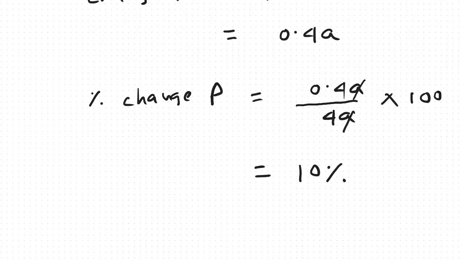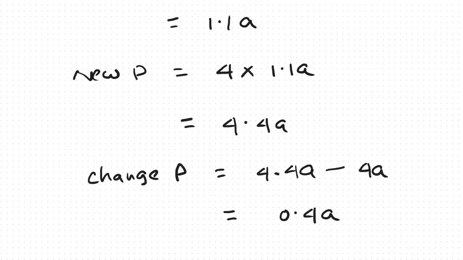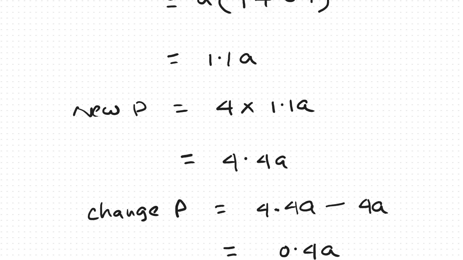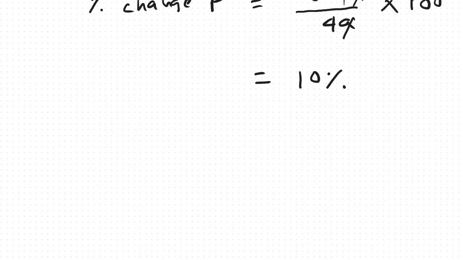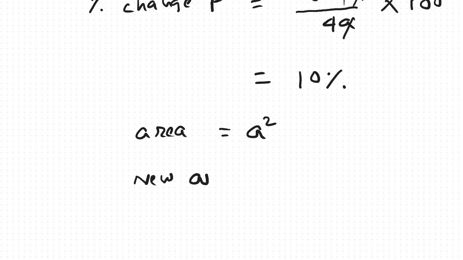We know the new side of the square is 1.1a. From here we get the area, which is the original area, is a square, and the new area is the new side, which is 1.1a times 1.1a.